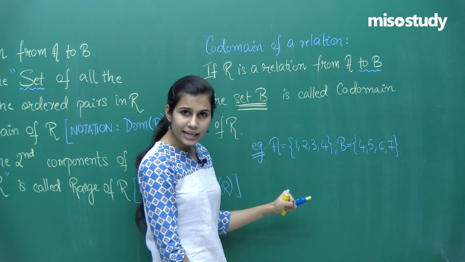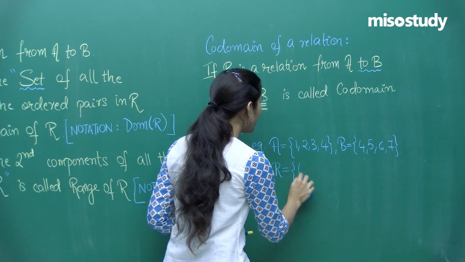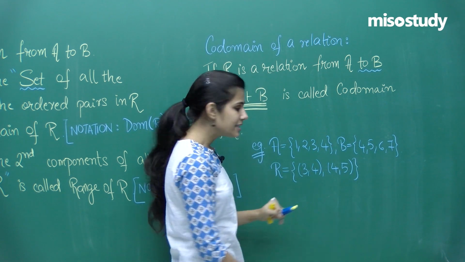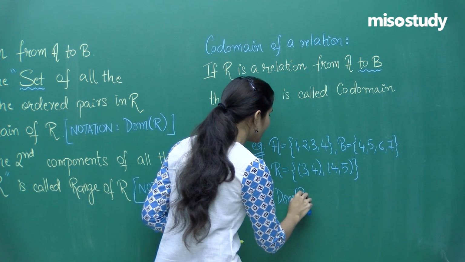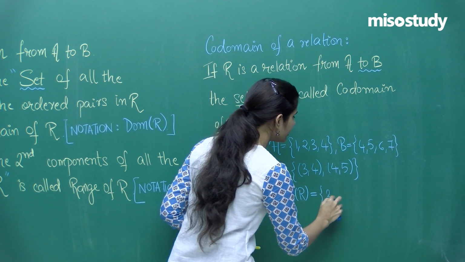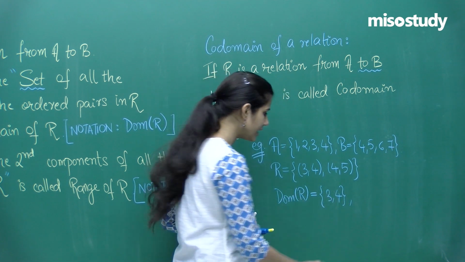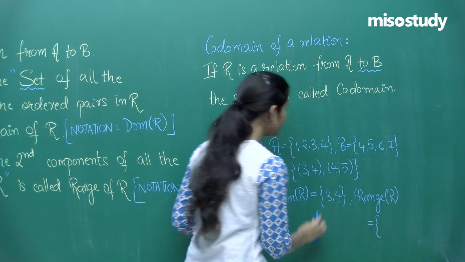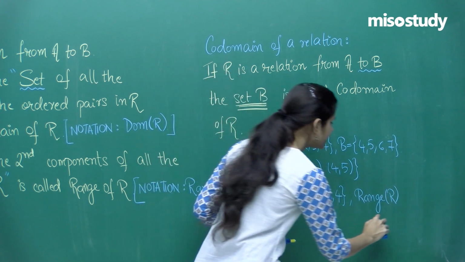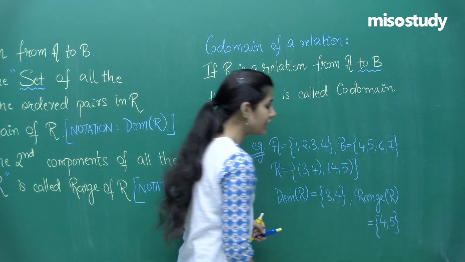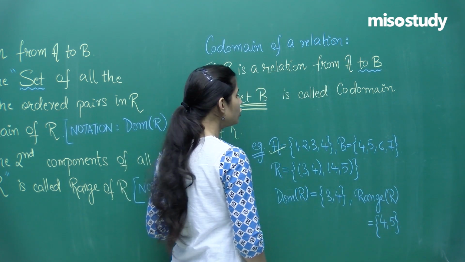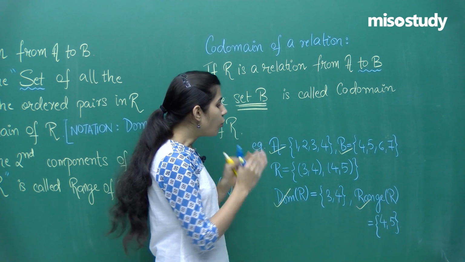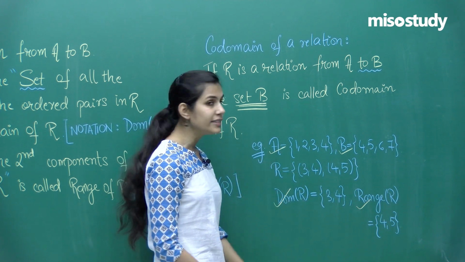After understanding the relation, which said that inside R I had (3, 4) and (4, 5), we obtained the domain of this relation to be equal to {3, 4}, the set of all the first components, and the range of the same relation R happened to be {4, 5}, the set of distinct second components of the ordered pairs in the relation R. Over here I have given you what A is, what B is, what the domain is, and what the range is of this relation. What is the relationship between all these four?